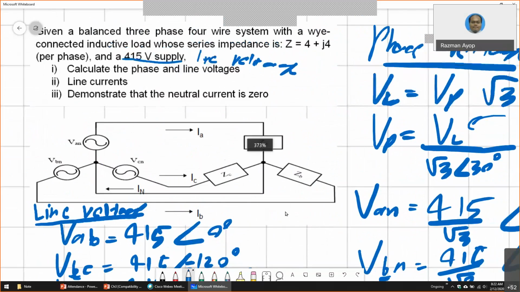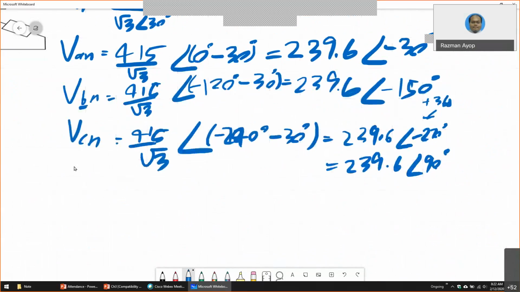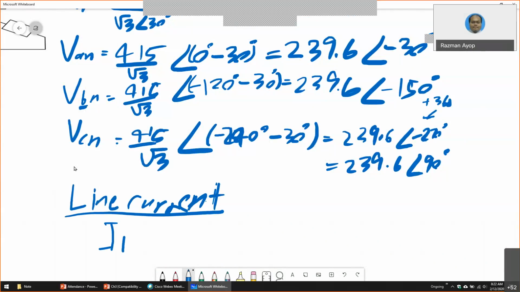To get the line current, remember for the star connection, I line is equal to I phase.